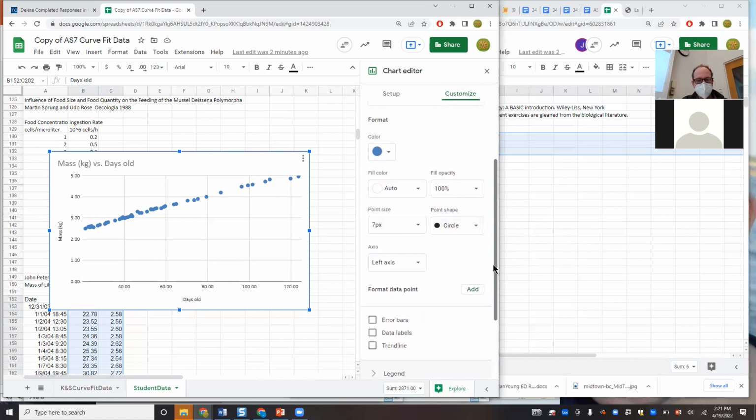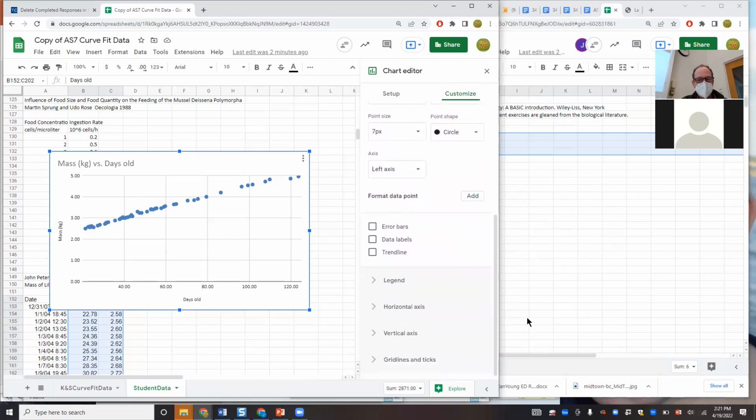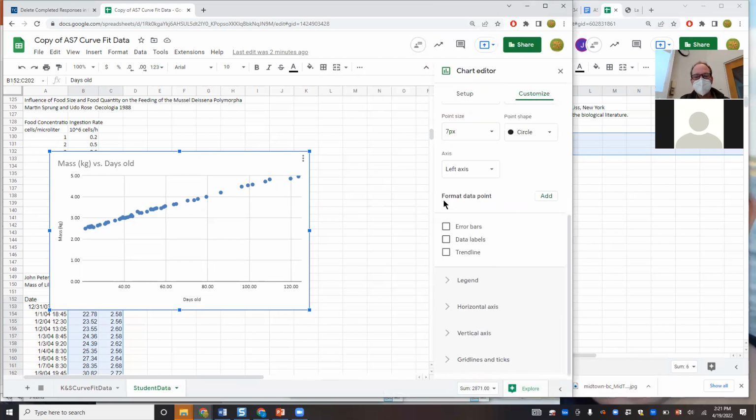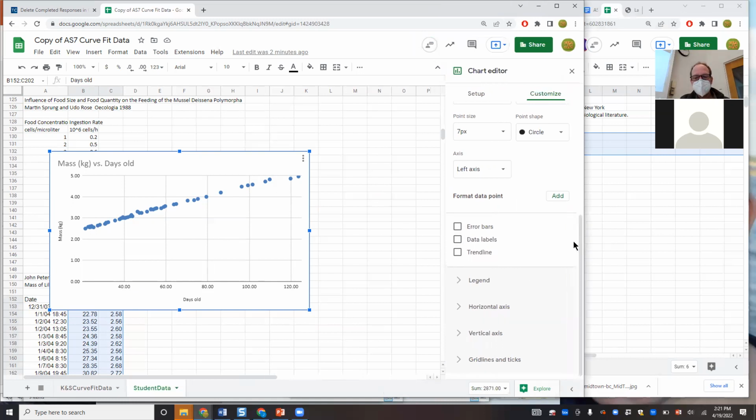Right. Under series, I want to choose, wait, where are you seeing that add trend line? It's right above legends on your screen. Right. I want to add a trend line. And once I've said add a trend line, I want to choose linear, which is the default one.